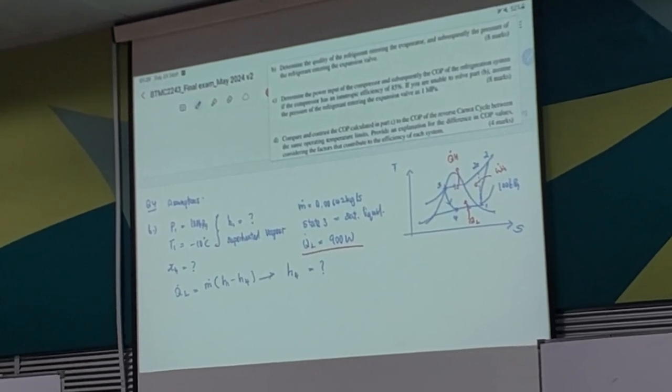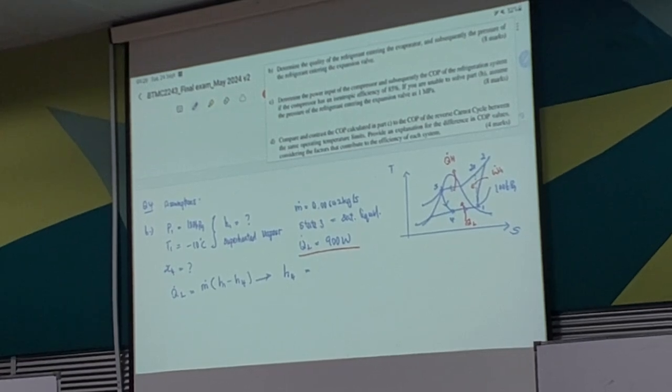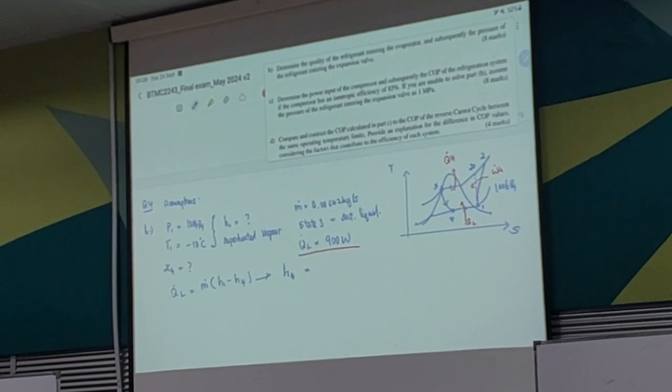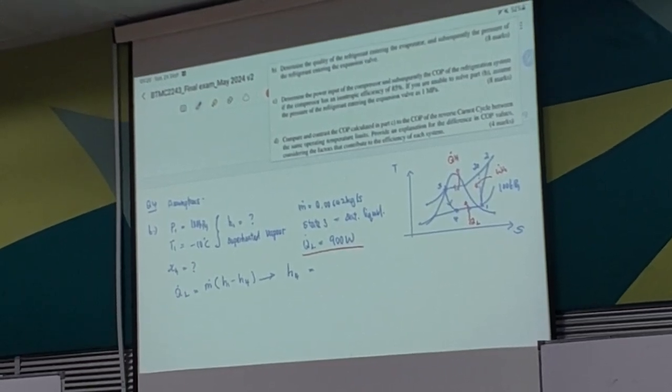So once you get H4, we know that at state 4, P4 is equal to P1. Right, same pressure level.